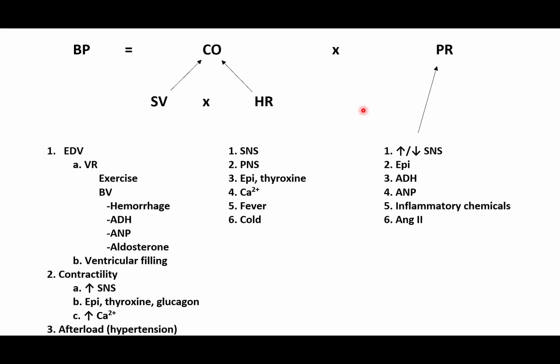And based on what we see here, if there's an increase in cardiac output, there will be an increase in blood pressure. So using this chart, what we just saw was exercise increases venous return, which increases EDV, which increases stroke volume, which increases cardiac output, which increases blood pressure.